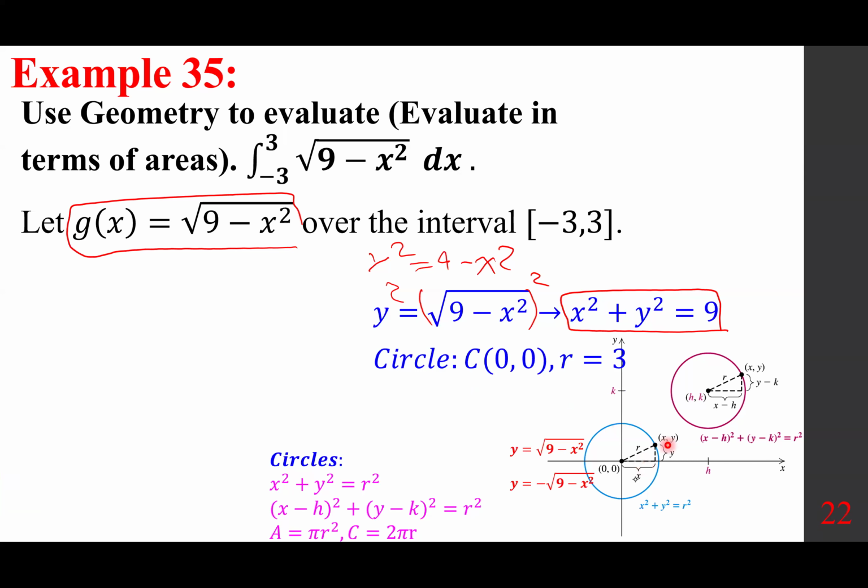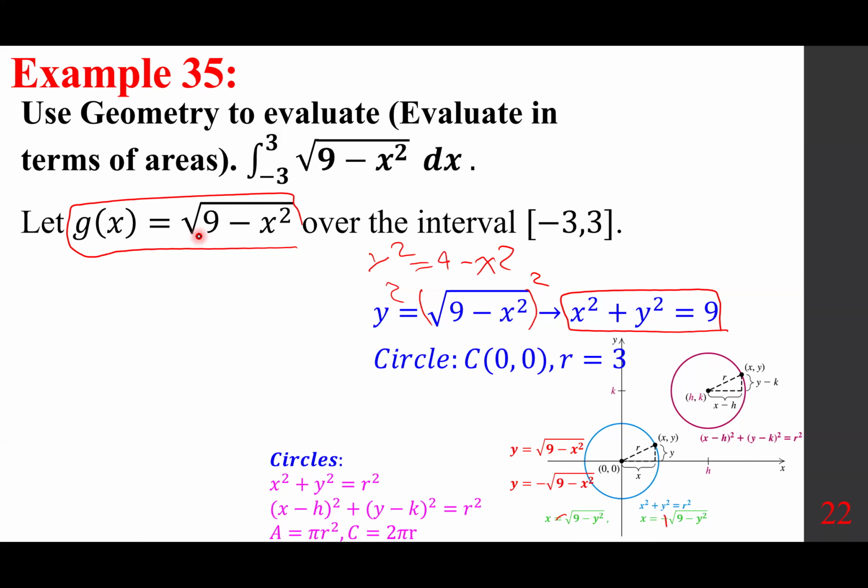Now the right side and the left side: on the right side x is square root of 9 minus y squared, and on the left side x is the negative square root of 9 minus y squared. So with that being the case, the right side is positive and the left side is negative. And so this is a semicircle.